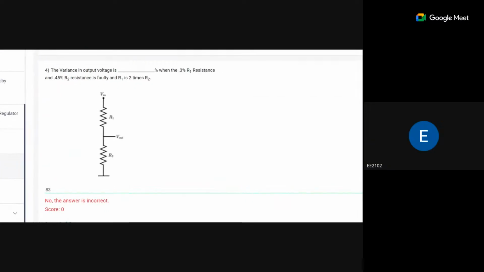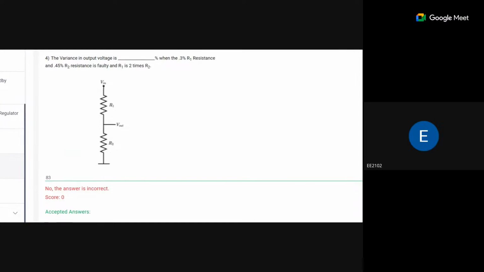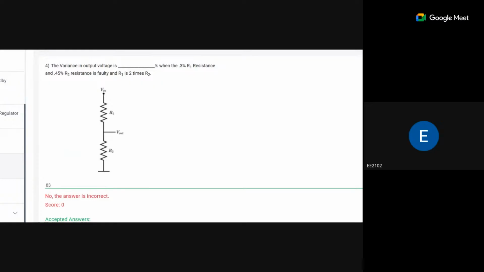The variance in output voltage is dash percent when the 0.3% R1 resistance and 0.45% R2 resistance is faulty. R1 is 2 times R2. What is the issue? Tell me. I will not solve it directly.